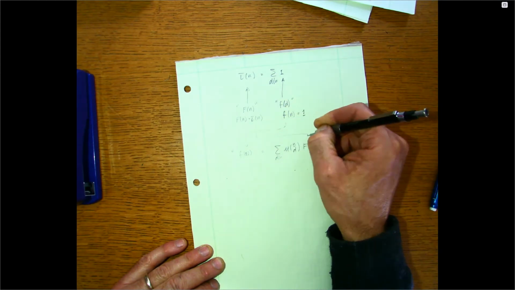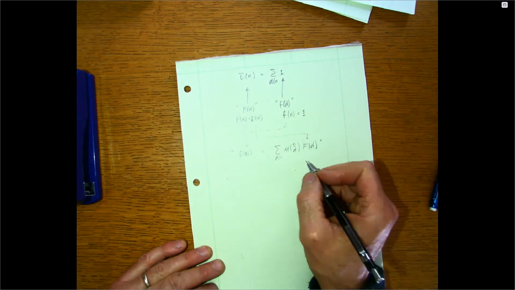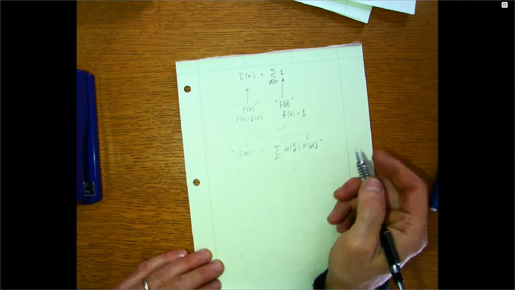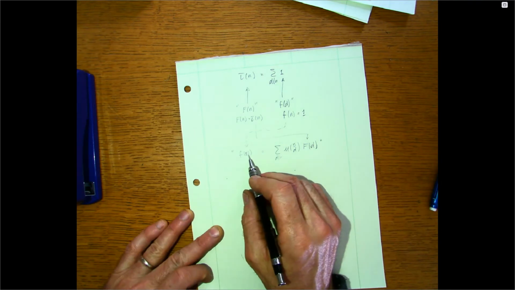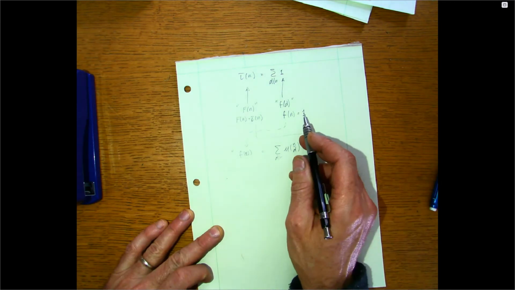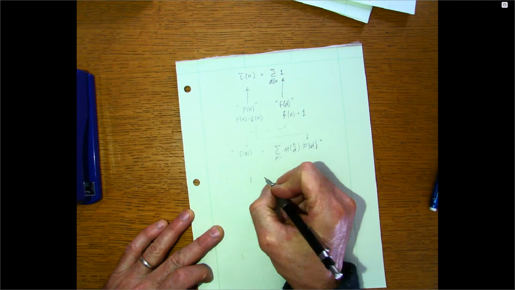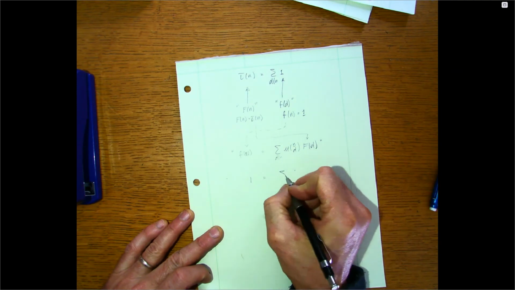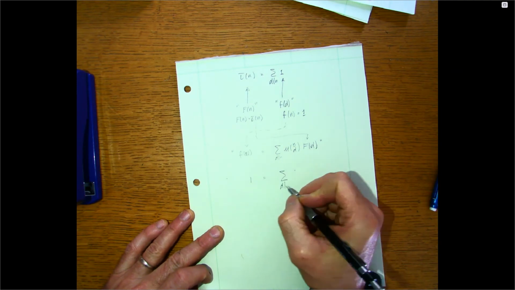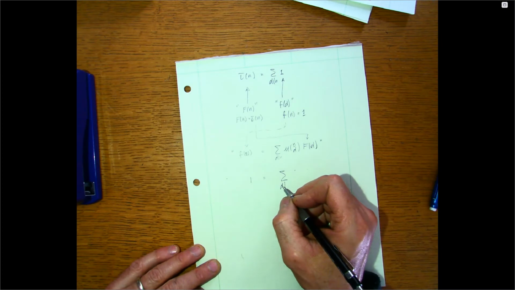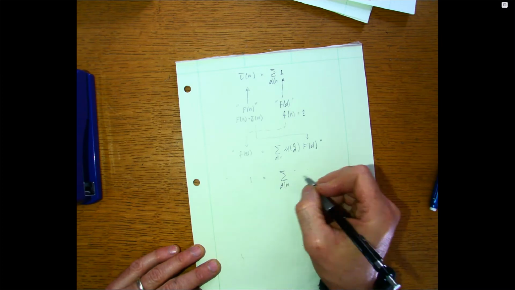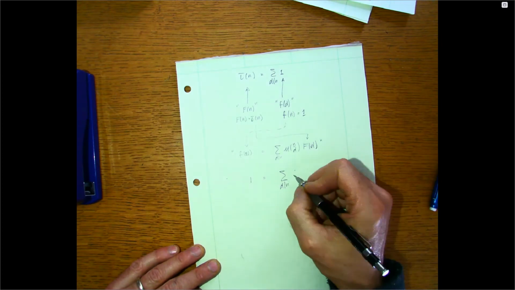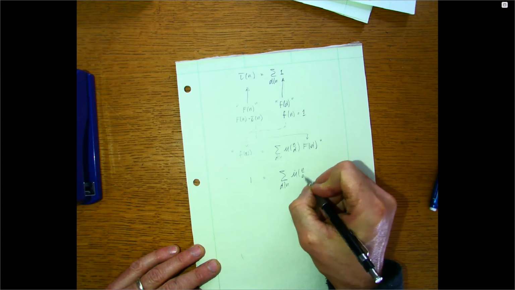So big F goes right there. Now in this particular case, what is f of n? Well, f of n is just 1, and so that means that 1 is equal to the summation across every divisor d of n of mu of n over d times big F of d.